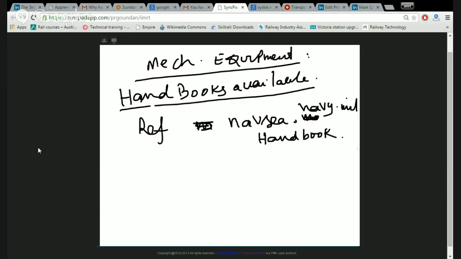But in mechanical, unlike electronic, the data is very limited. Electronics are produced in mass numbers, so there is a huge amount of data. Whereas mechanical, it is a little difficult. But they have collected all those things. In spite of all the difficulties, they have collected all that data.